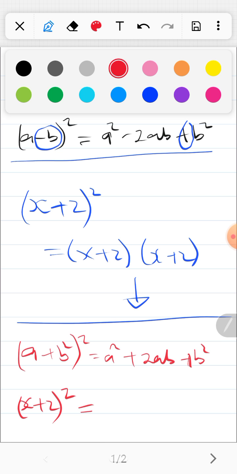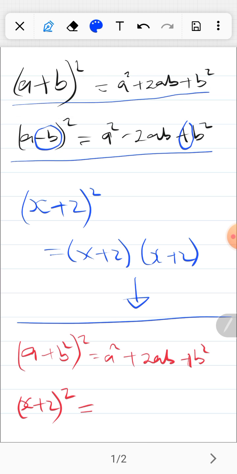According to the identity, the first term is squared, so I can go ahead and square my first term, which is x.